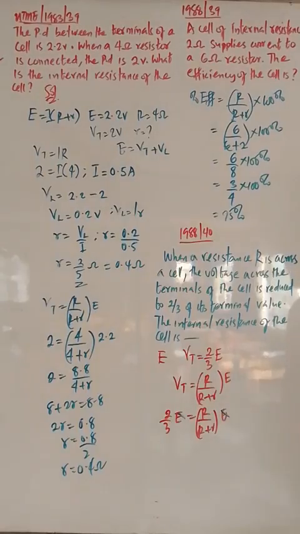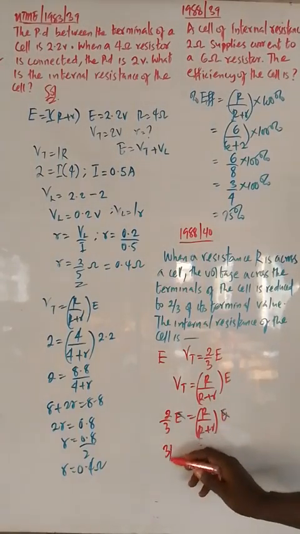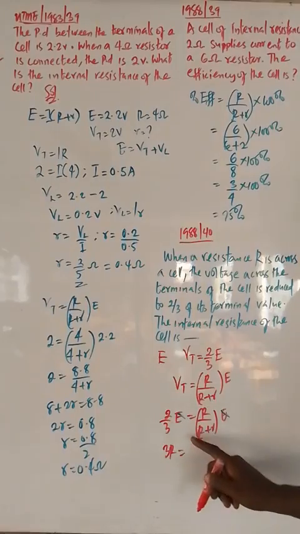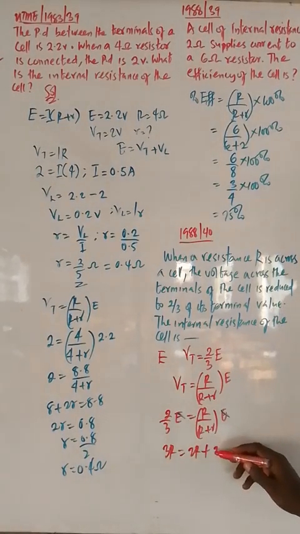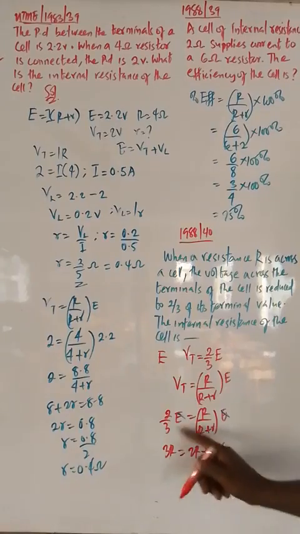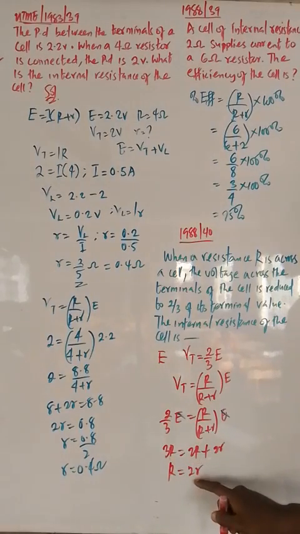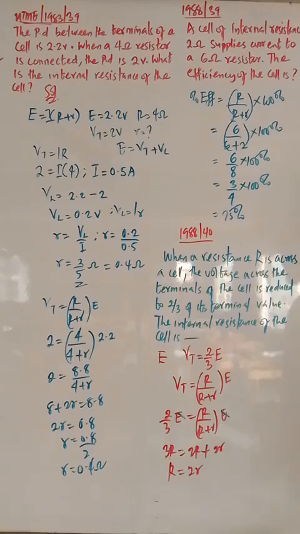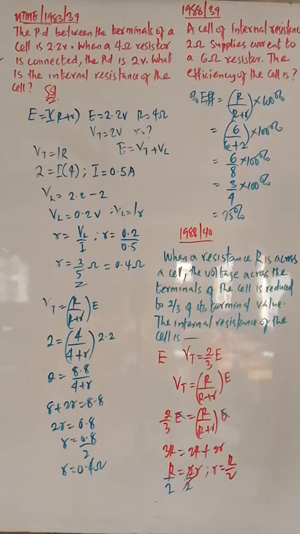E cancels E. So you can cross multiply: 3R equals 2 times R plus r, that is 2R plus 2r. So 3R minus 2R equals R equals 2r. Our aim is to get small r. So divide by 2: small r equals R over 2. So that is the answer.